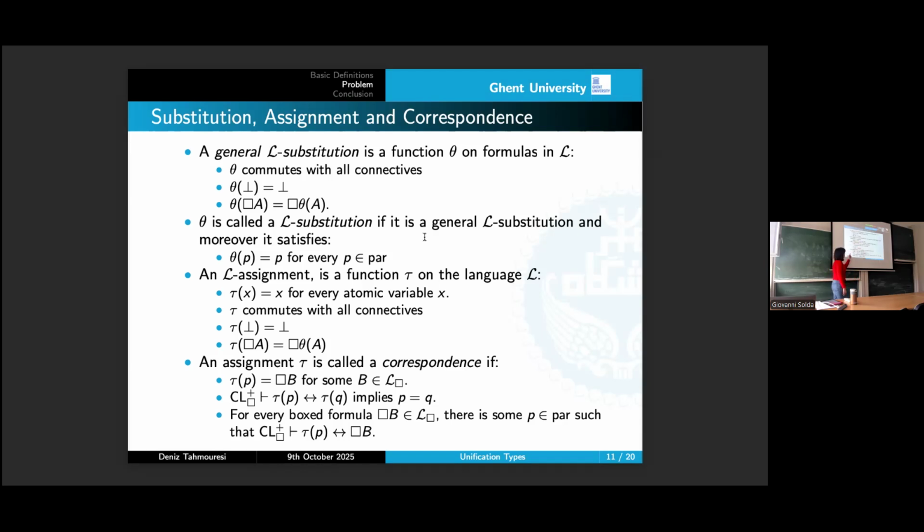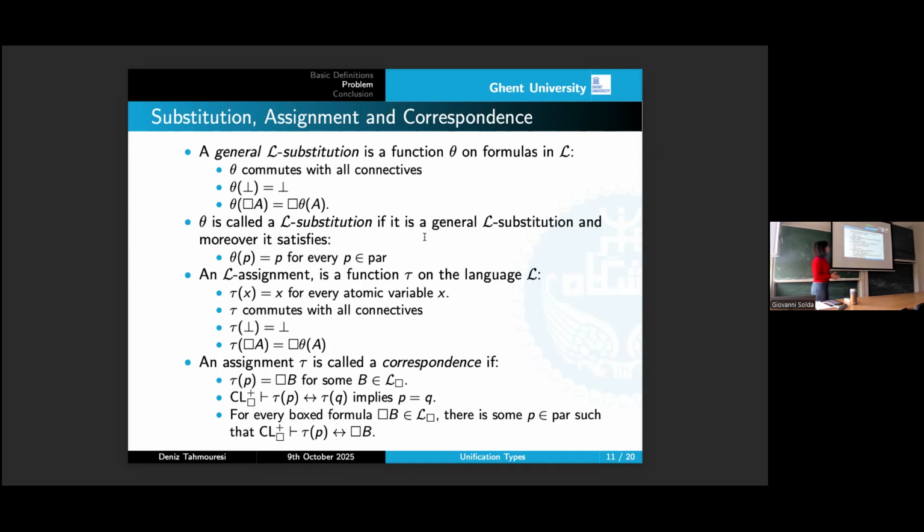An assignment is called a correspondence if it has these three properties: it maps the parameters to some box formulas we have in our language; if two different parameters are mapped to equal formulas, then they should be exactly the same parameter; and for every box formula, there is a parameter p such that this equivalence holds.